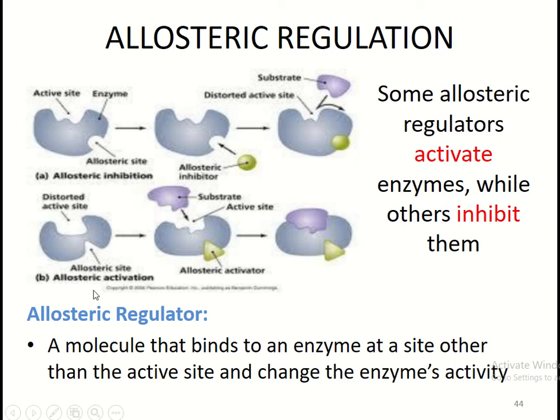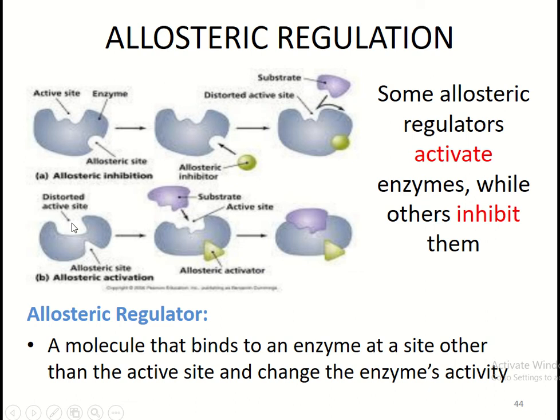Another one is where the active site of the enzyme does not resemble the shape of the substrate, because it is in a distorted shape. So what will happen? The allosteric regulator, which we call the activator, will bind to the allosteric site of the enzyme and thus change the shape of the active site and allow the substrate to bind with the active site.